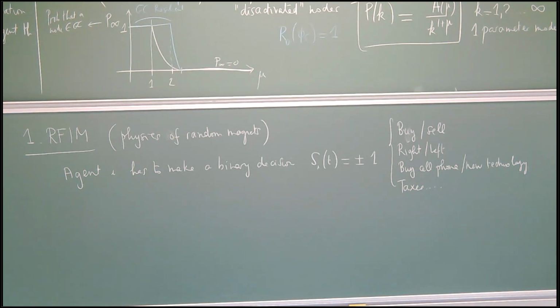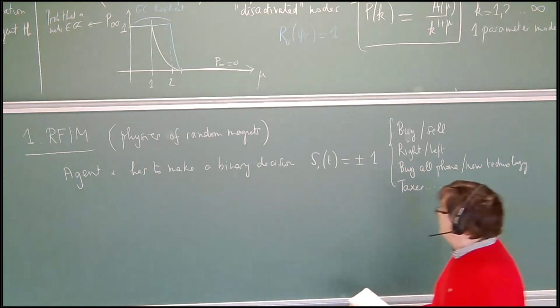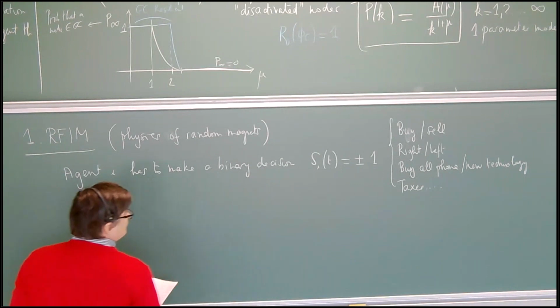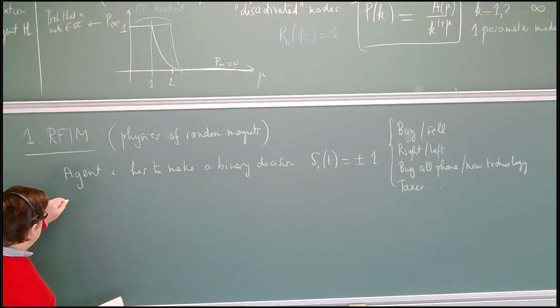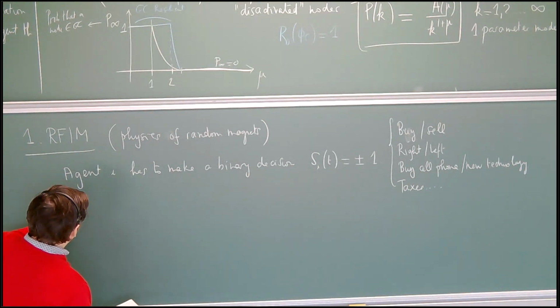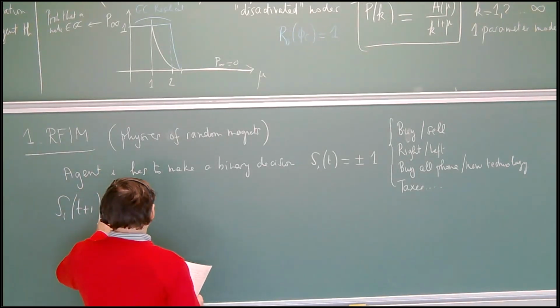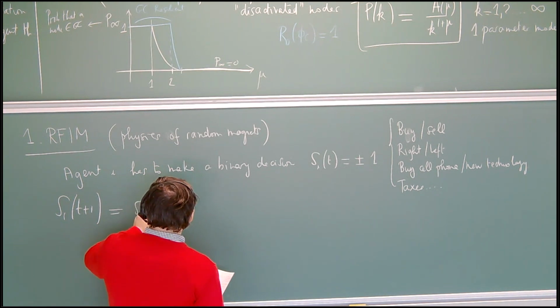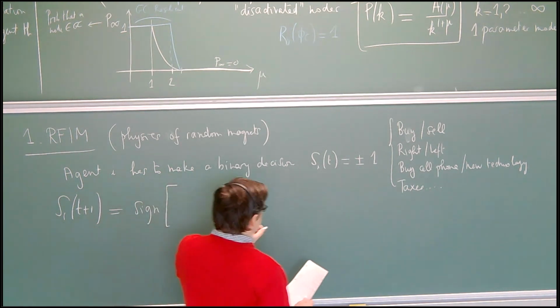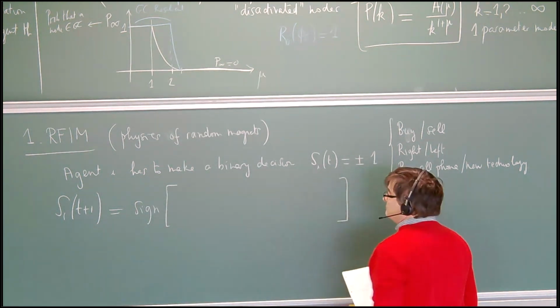So the rule of the random field Ising model that I want to transpose here, let me write it down, and then I'm going to comment on what I'm trying to model. So S_i at time t+1 is the sign of the sum of three terms.